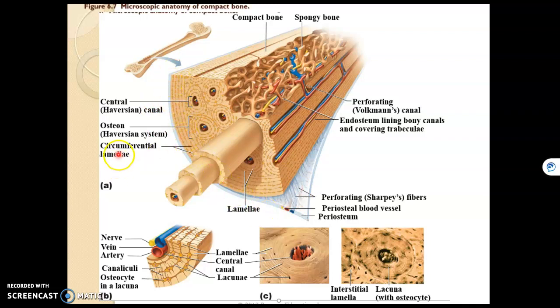We call that circumferential lamella because it's running around the circumference. Then you have layers of bone laid down in between osteons. We call that interstitial lamella. I don't see that labeled here, but you'll see that term written up for you further on in this video, interstitial lamella.